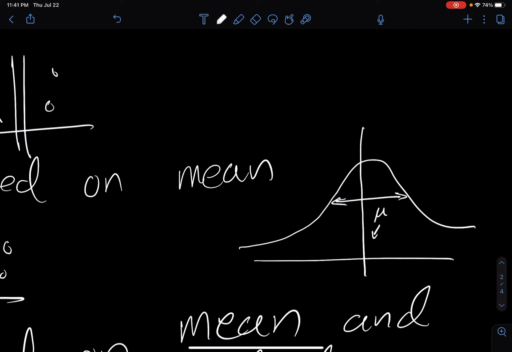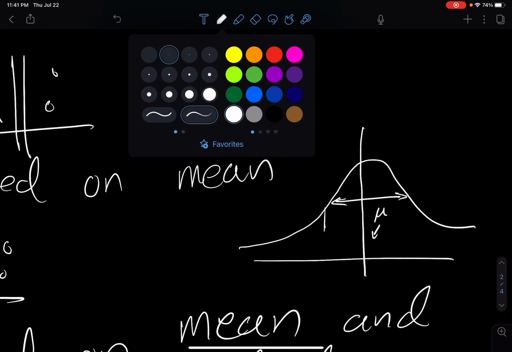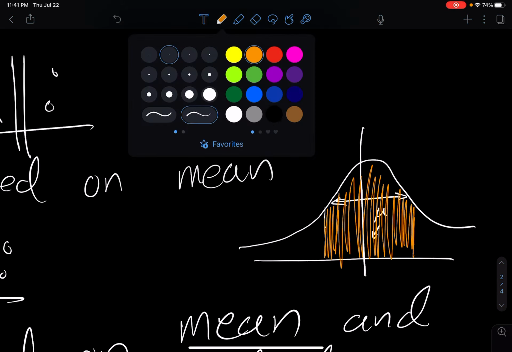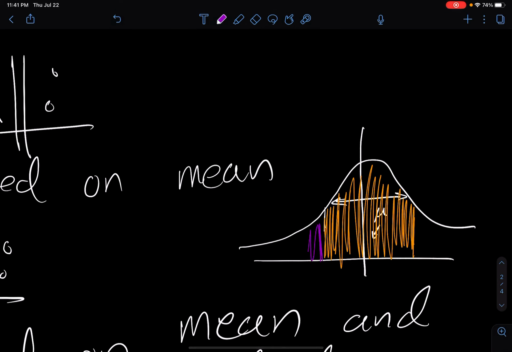And so the likelihood that someone's height is within this area is a lot higher than someone's height being in these outer areas.